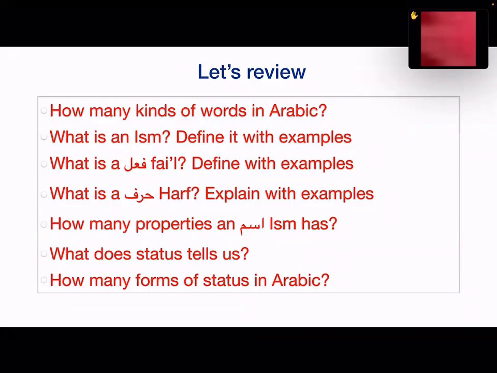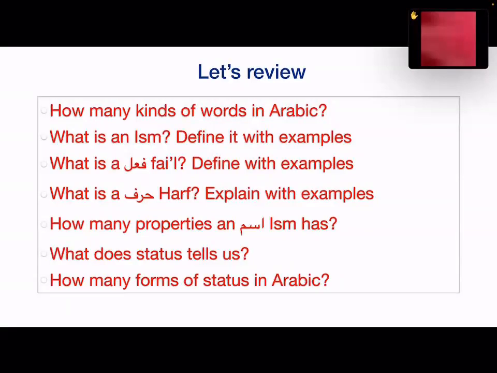How many different forms of status did we learn in the last class? There are 3: Rafa, Nasb, and Jar. If I say something is Rafa, how are we going to recognize it? It is the doer, the subject, the doer of the act. And what sound is associated with it?